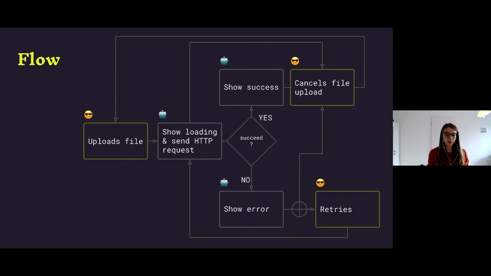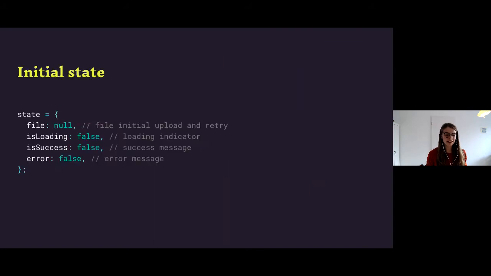So, but first, this is a typical implementation, how we front-end developers would approach the implementation of the flow I just showed you. First of all, we would define multiple states.